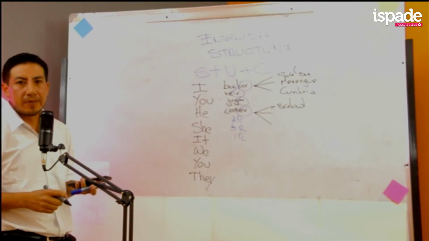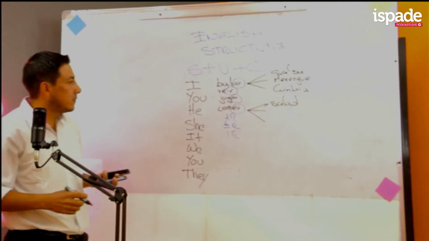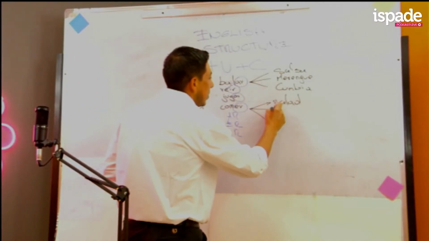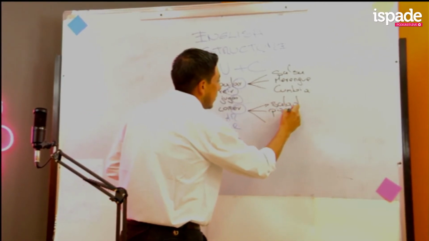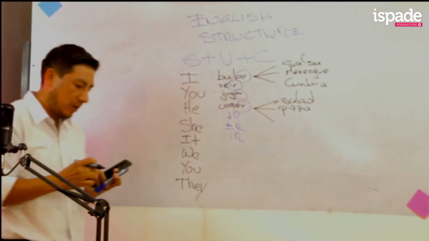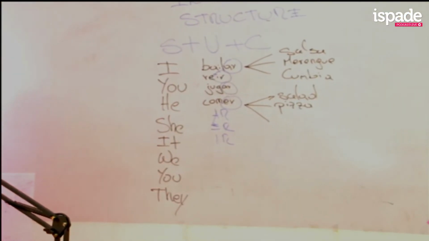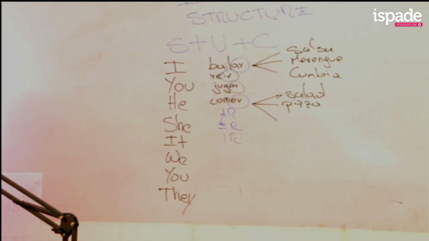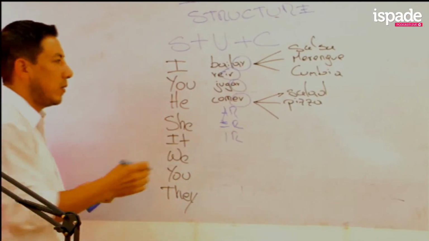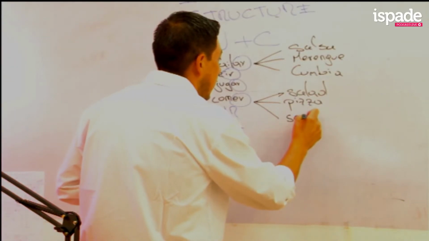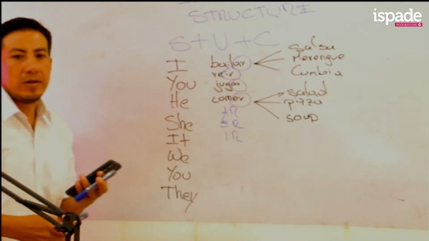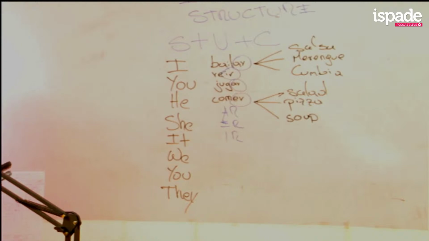Or maybe he can eat pizza. Or maybe he can eat, let's see, a soup. So now that we know subject plus verb plus complement, we can say that we complete all the structure.